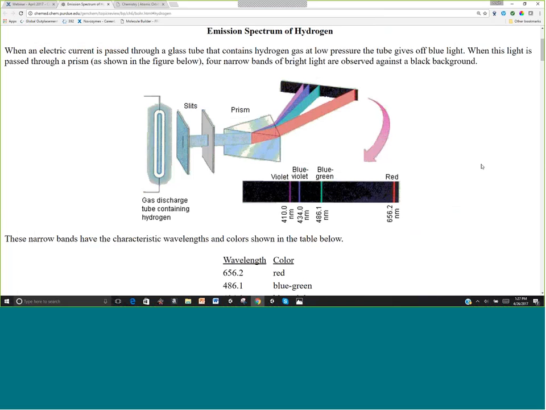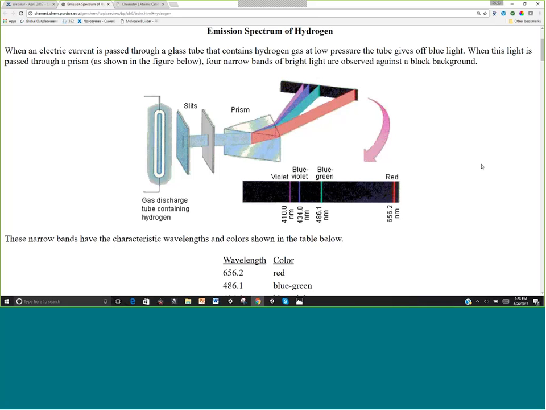A physical chemistry student might do an emission spectroscopy experiment. Here we have a picture of that experiment where we have a gas tube filled with hydrogen. The light from it passes through slits and a prism, and then it's detected on a detector or a film strip and gives what we call a line spectrum.